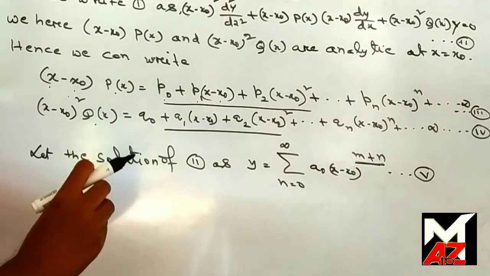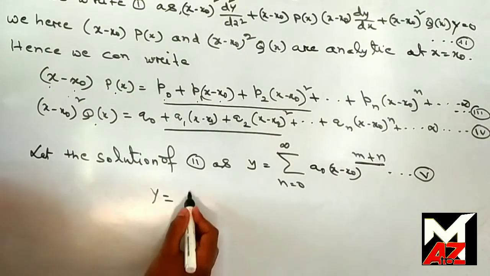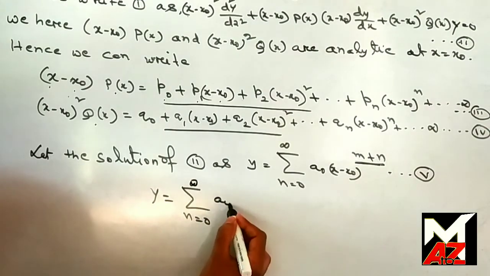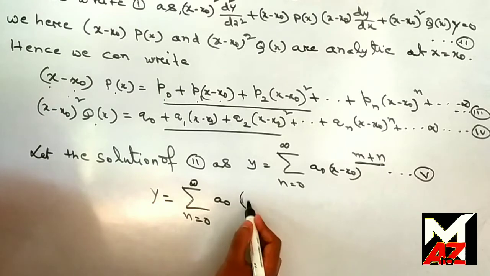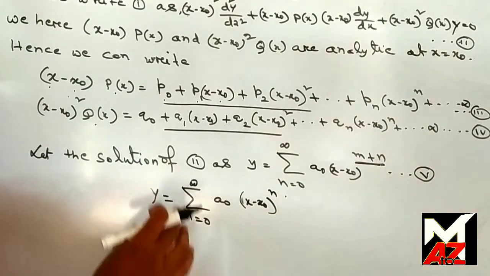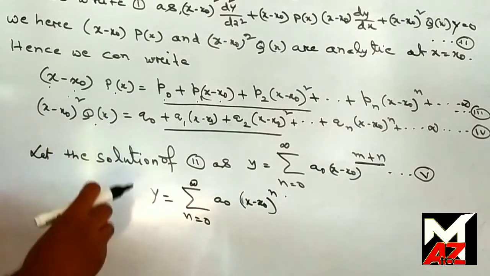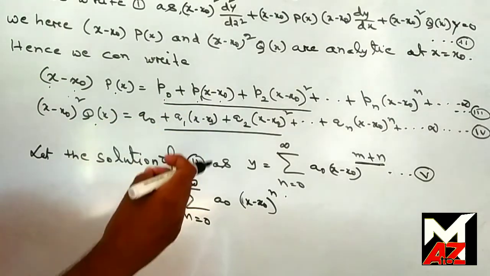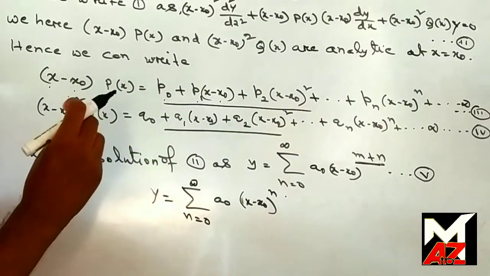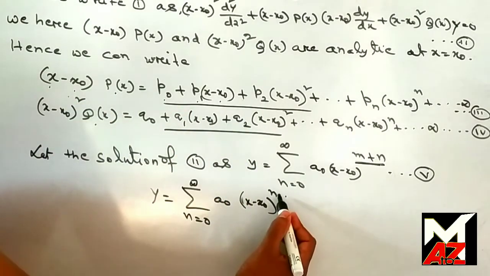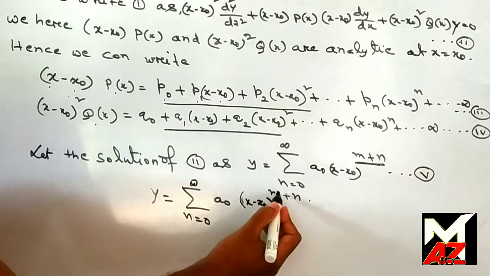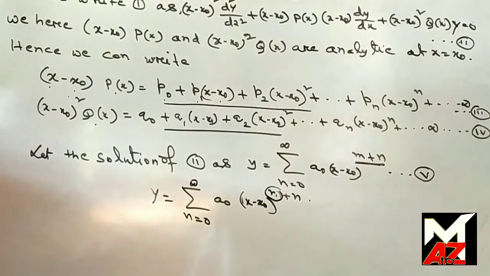About the ordinary point, we take the solution y equal to summation n equal to 0 to infinity a_n into x minus x0 to the power n. But when we have to find the solution about the singular point or regular singular point, then we must assume the solution with the power m plus n. Here the extra term is m.